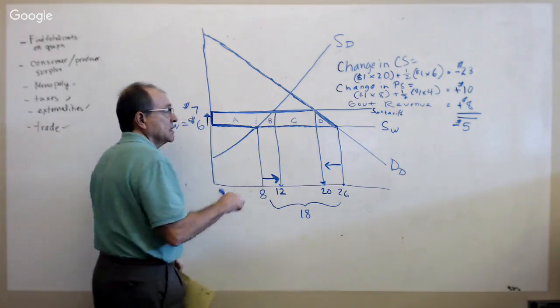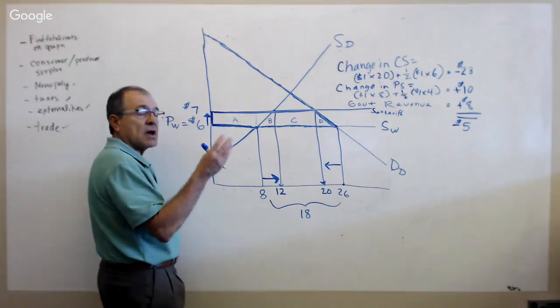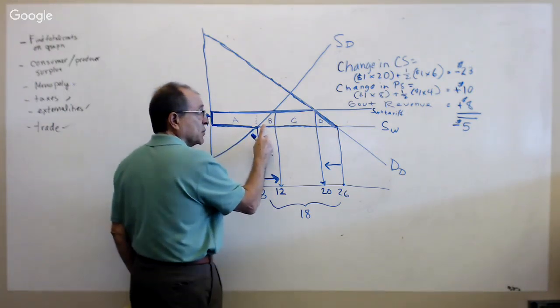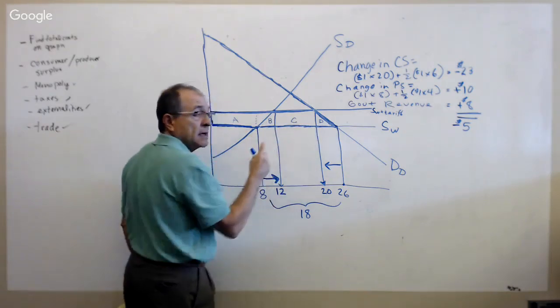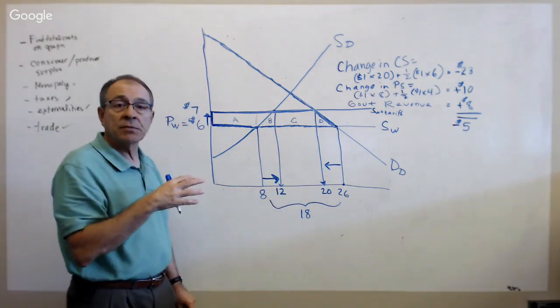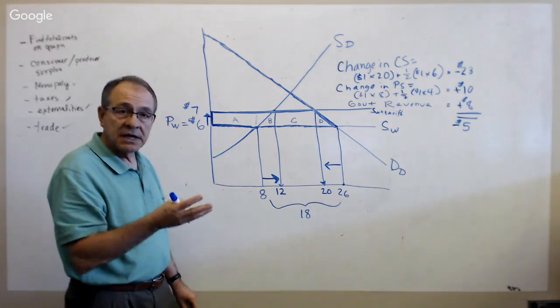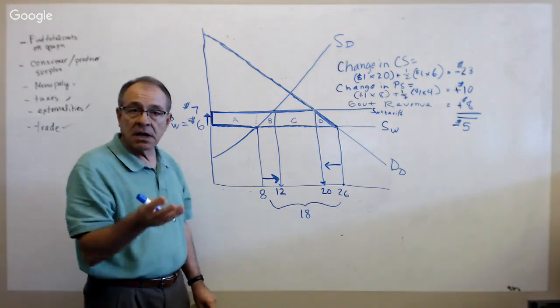So the only things that are not offset or collected by someone are areas B and D. B and D represent what we call deadweight losses. It's the loss to the nation.